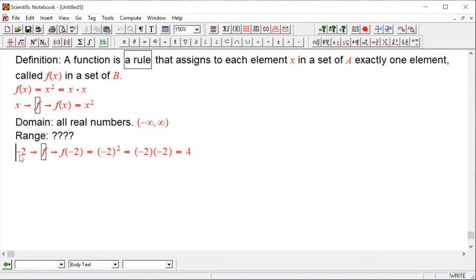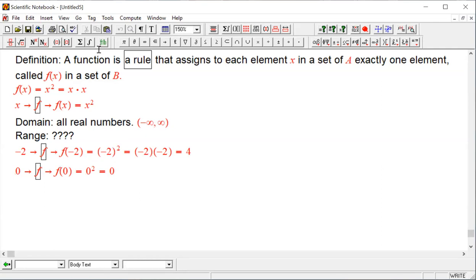So the input is -2, the output is positive. How about 0? If the input is 0, we have 0 squared. 0 squared, of course, is 0.